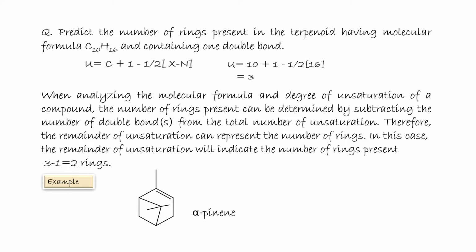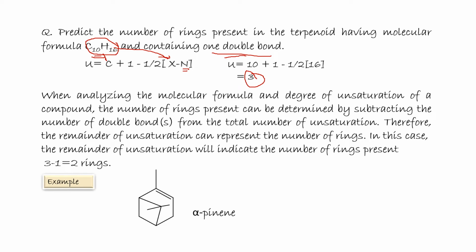Predict the number of rings present in the terpenoid having molecular formula C10H16 and containing one double bond, which means it consumed one molecule of hydrogen to give alkane. Well, from the molecular formula, applying here 10 carbon plus 1, half of 16, there is no trivalent, we will end up with 3 unsaturation number.